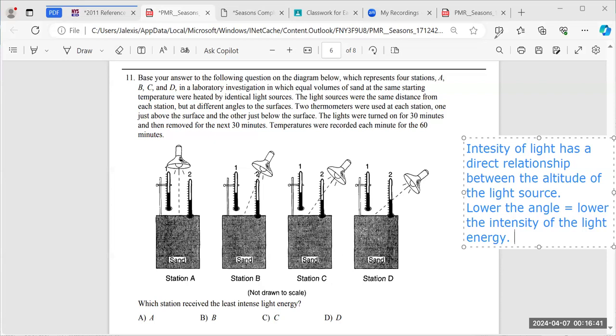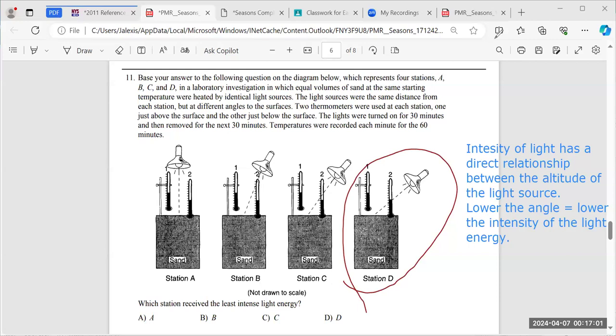So if I need to find which one has the least intense light energy, I'm looking for the light source that has the lowest altitude, the lowest angle. And the one that has the lowest angle is station D. Station D has the lowest angle between all of them. So that means it has the least light energy.